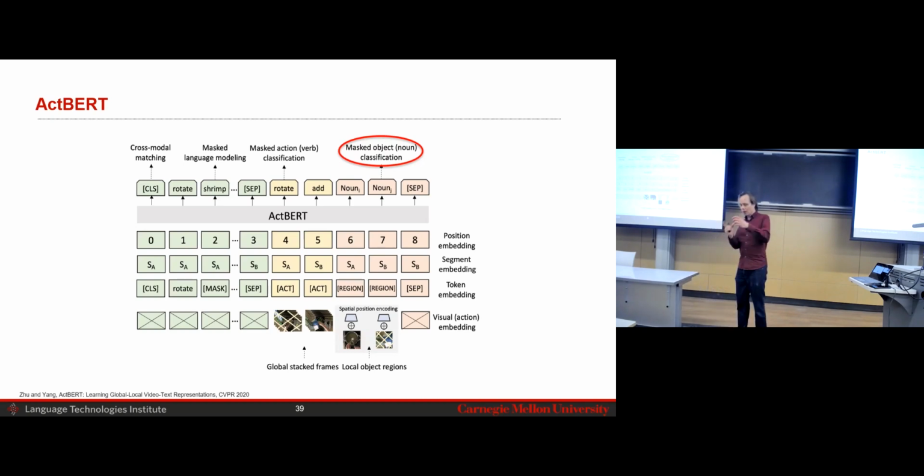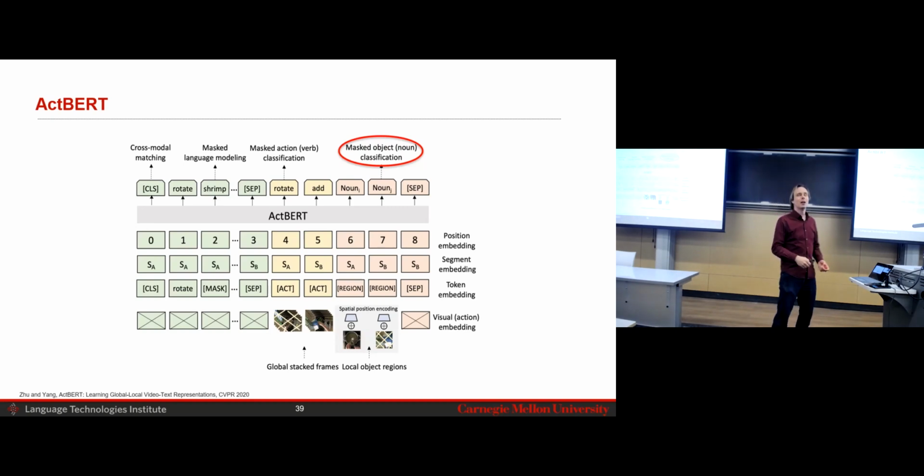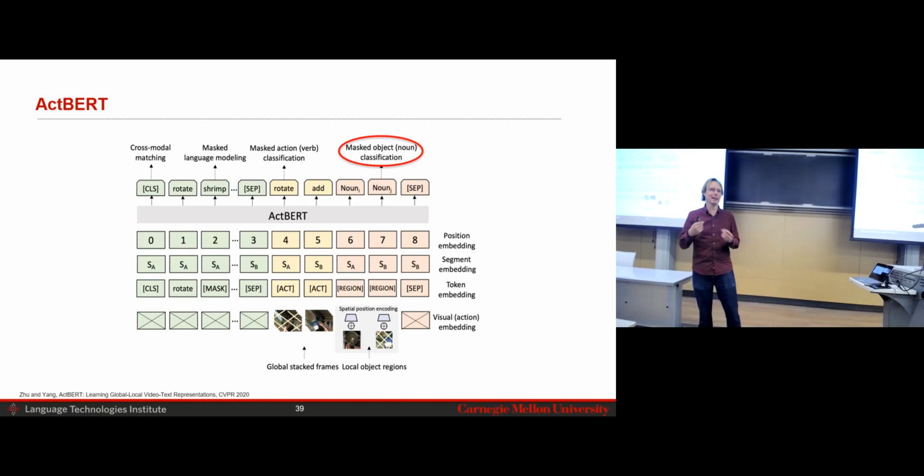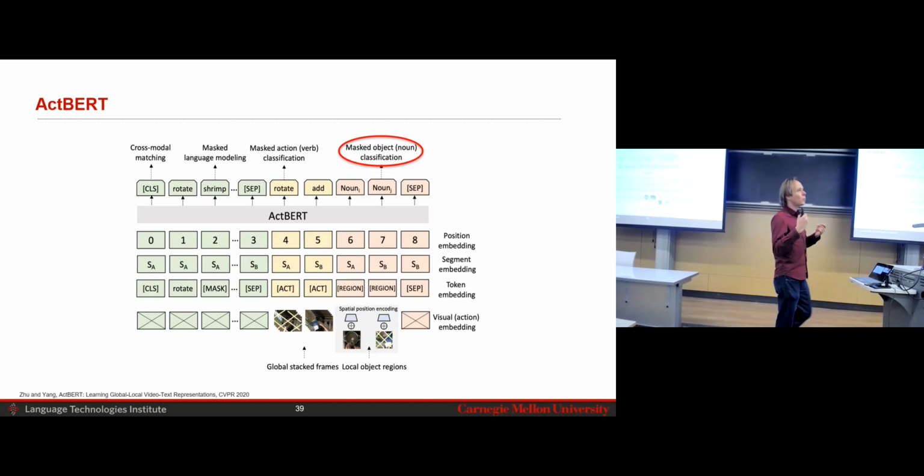Here, they asked: within that video segment, what was the verb spoken during that segment? During that segment, the verb was rotate. During that segment, the verb was add. That's how they use this kind of weak or noisy supervision as well.